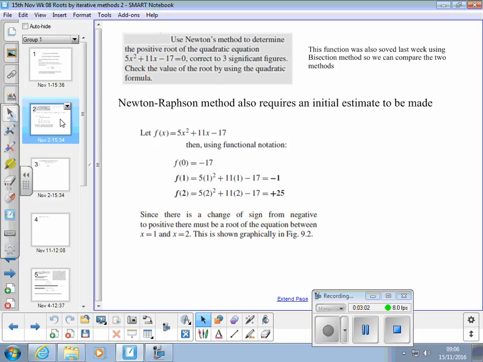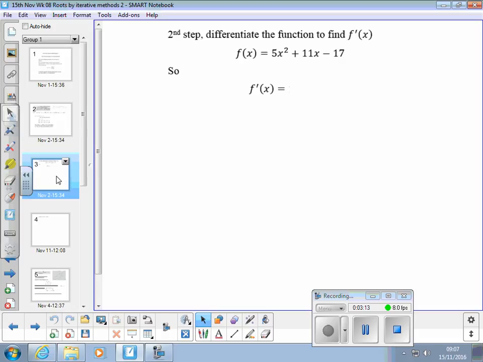So we've got a root somewhere between 1 and 2. We've got this function, 5x squared plus 11x minus 17. The first thing we need to do is find f dash x, i.e. differentiate it.